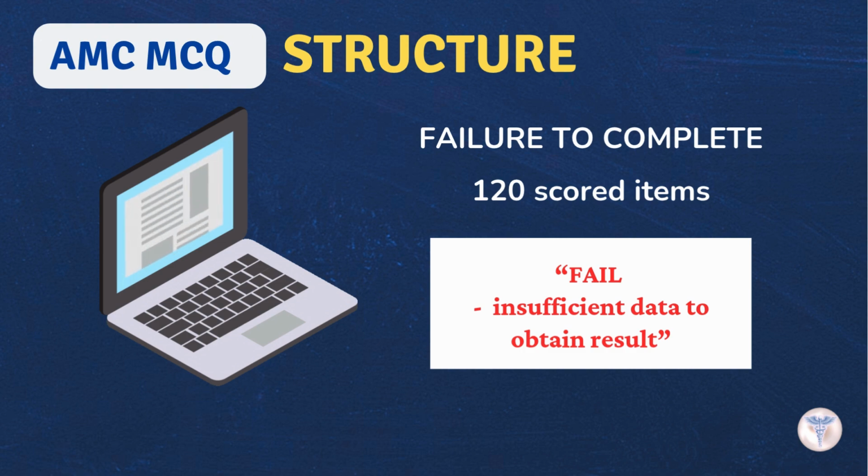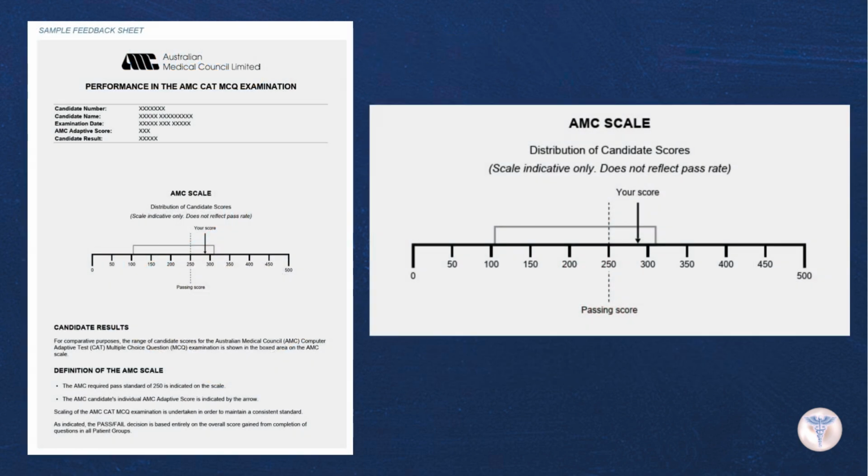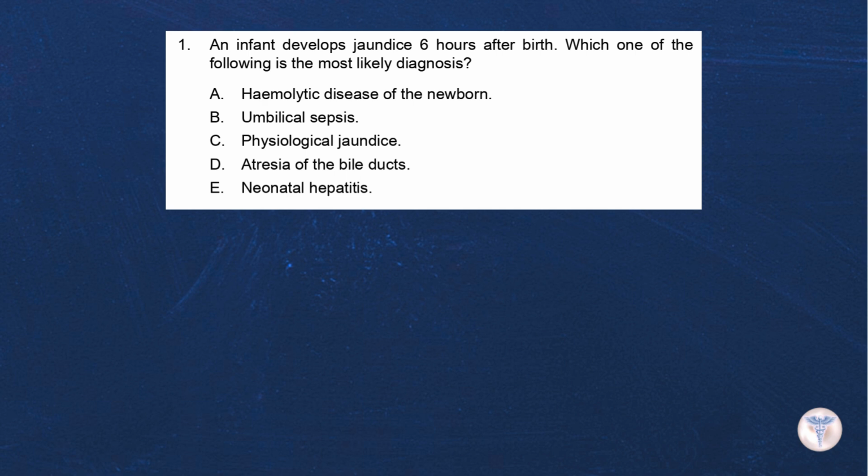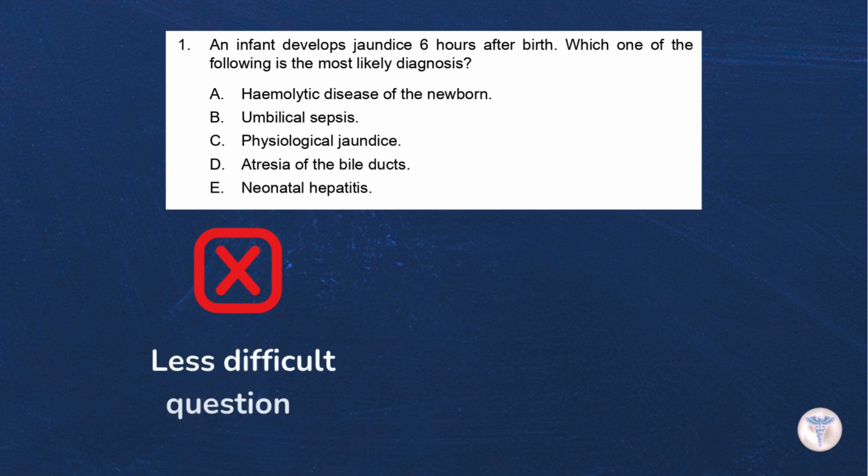The AMC score is represented on a scale of 0 to 500. A passing score is represented on the scale at 250. For each candidate, the first question is randomly selected from the pool of questions. If the answer to the question is incorrect, the next question chosen is a less difficult question.